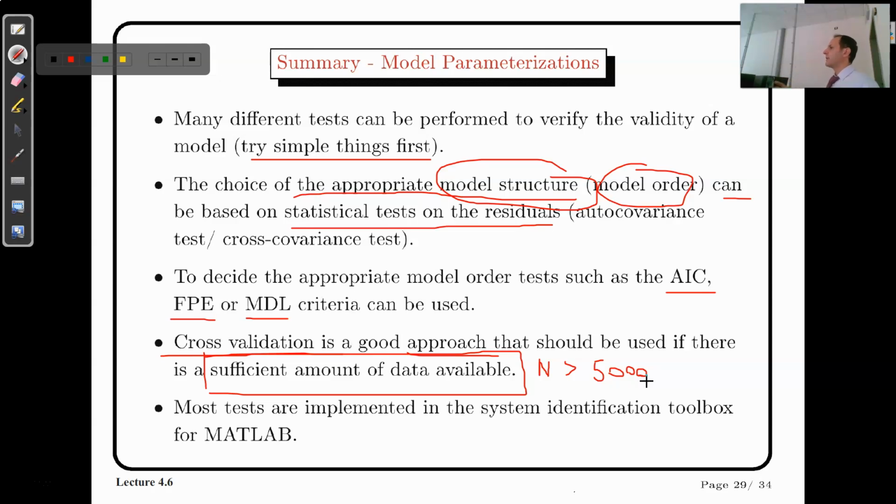Of course, it's like a magic number. Normally, for the identification, you need at least several thousand data points. And most tests, as we will see in the next lecture, are implemented in the System Identification Toolbox for MATLAB. It's available since 1990, I think 98, 99.